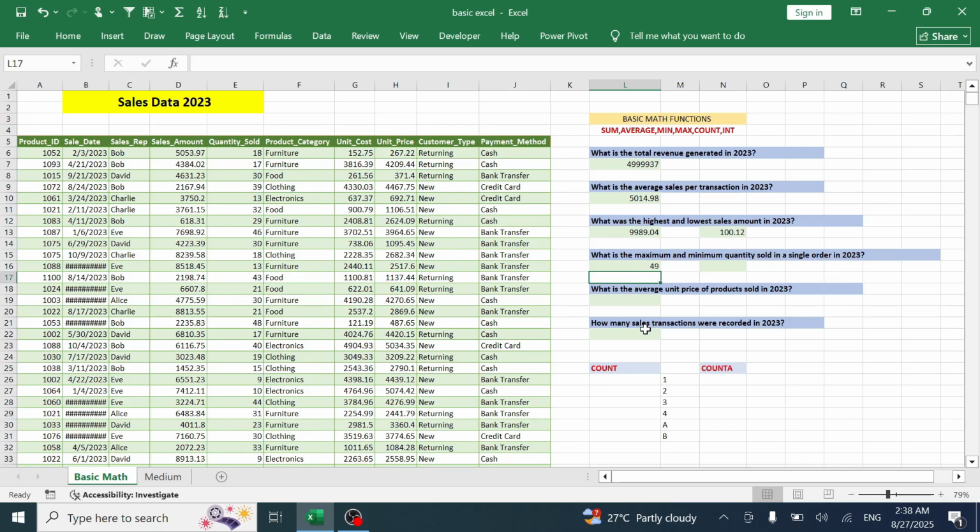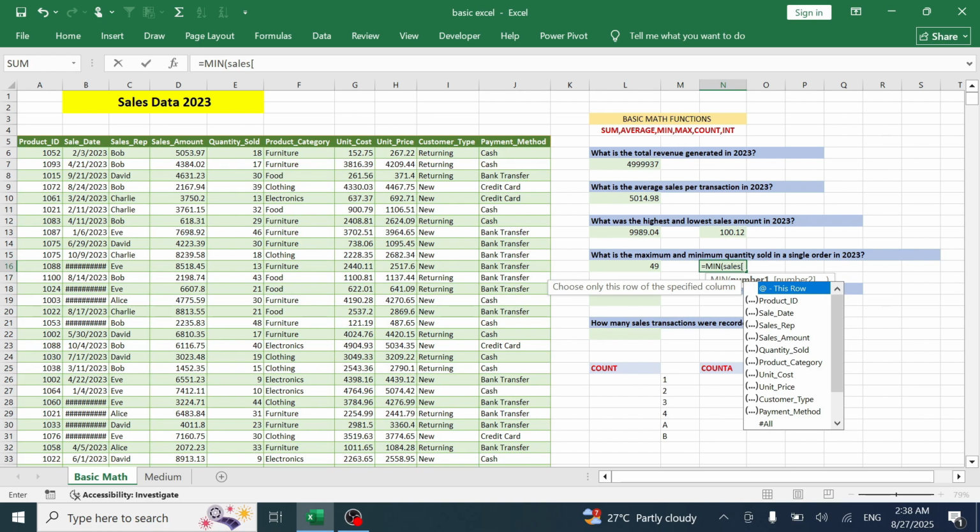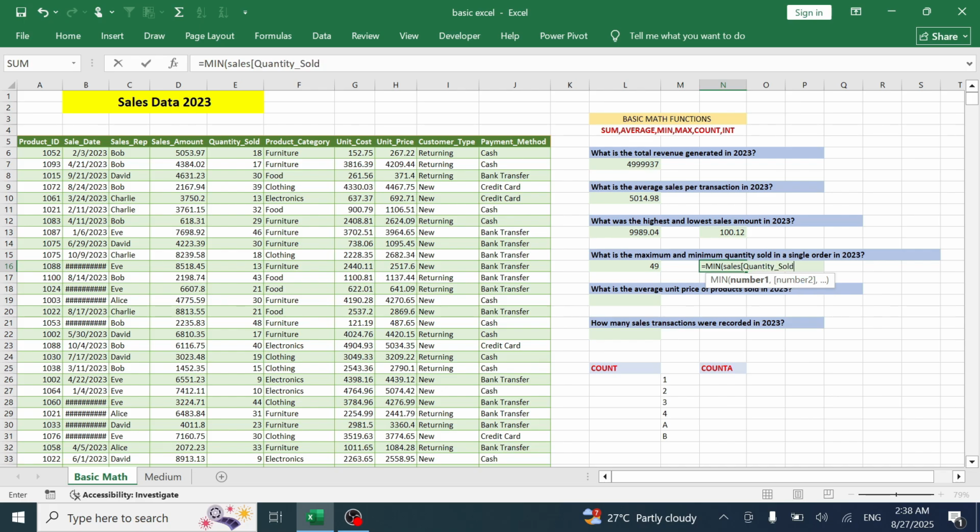The highest quantity sold is 49 in a single order, and for minimum again we use the min function with the quantity sold column, close the bracket. The minimum quantity sold in a single order is 1.